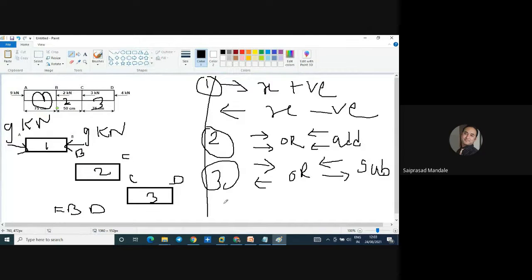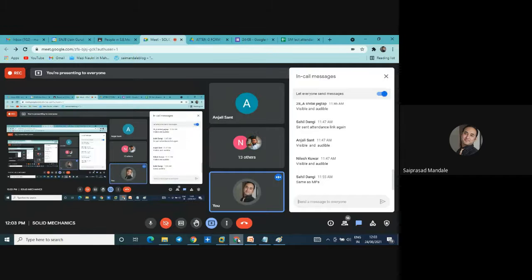Okay. Up till this, everything is clear? Yes or no? I guess Jagtap or somebody is there. Anjali Sant or Jagtap is there. Up till this is clear?